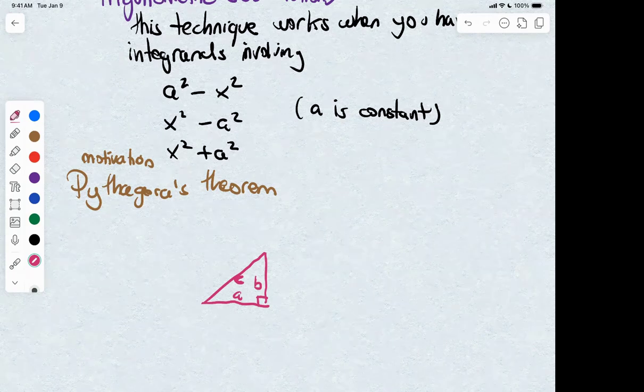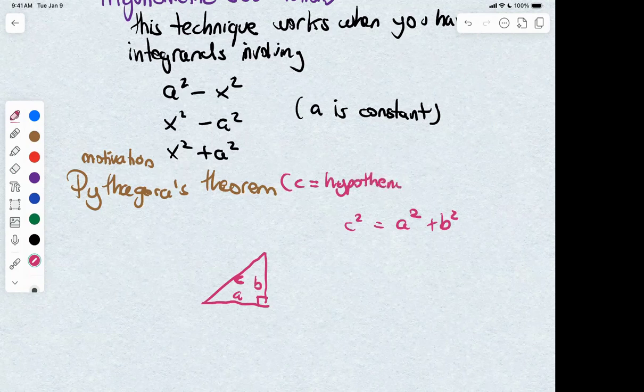What the theorem says is that C squared equals A squared plus B squared. So the length of the hypotenuse squared equals the sum of the squares of the other two sides in the right triangle. Okay.